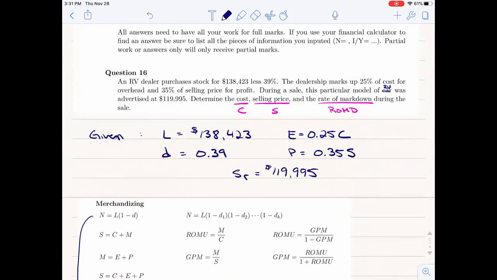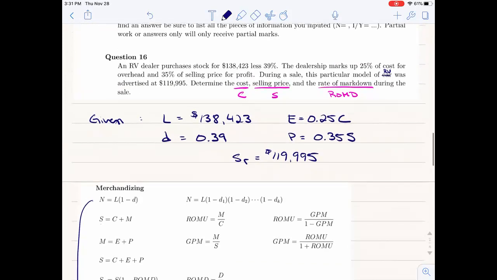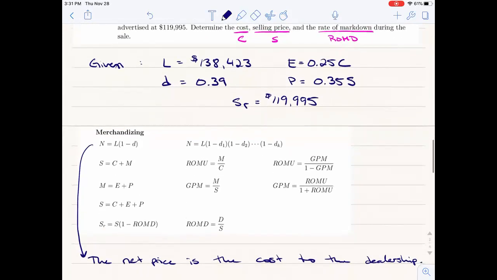So looking at what we have, right? If I had to find or use the reduced selling price, for example, right? That only shows up here, right? And so I'm pretty sure that I'm going to have to use this equation probably to find the rate of the markdown and not vice versa, right? Because it needs S and the rate of the markdown.